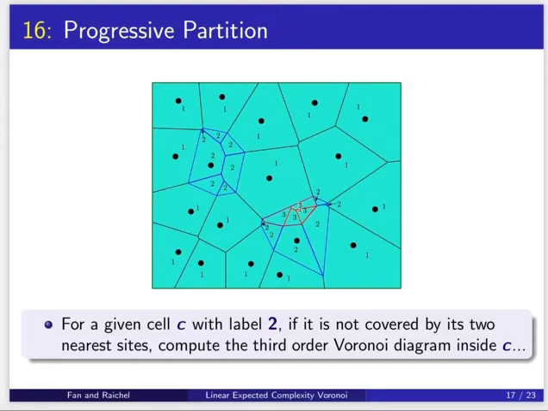This procedure continues until each cell has a final label. If a cell has label J, that means it is covered by the J nearest sets, but not covered by J minus 1 nearest sets.